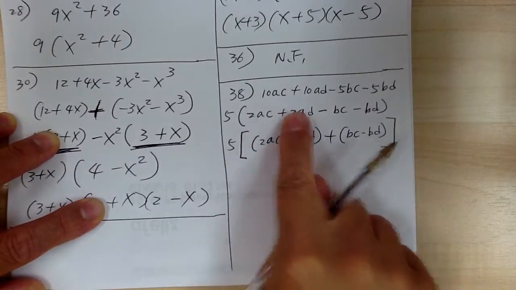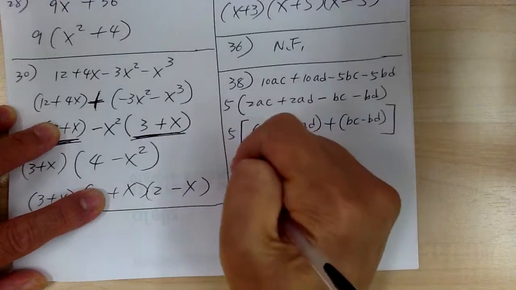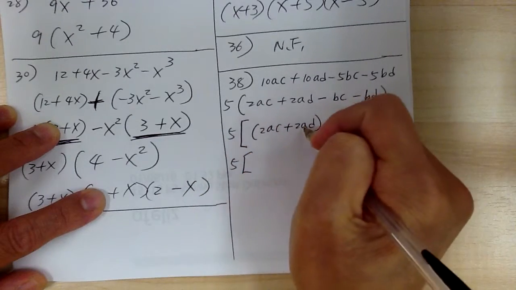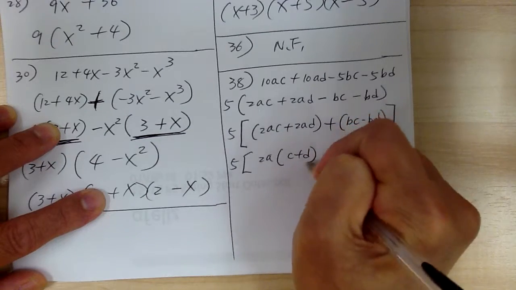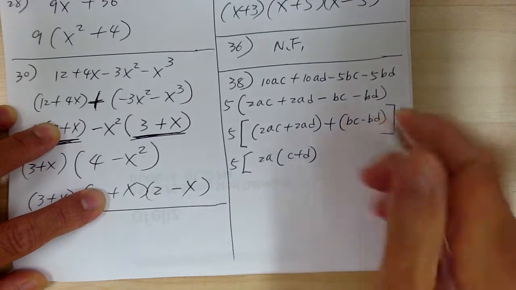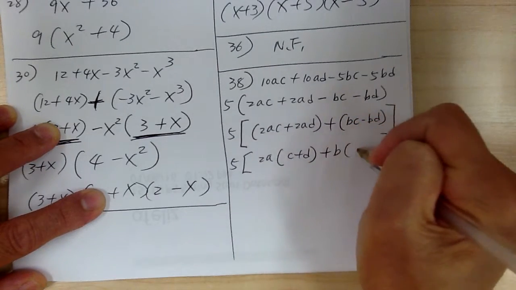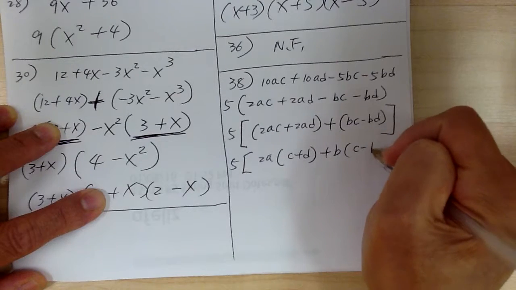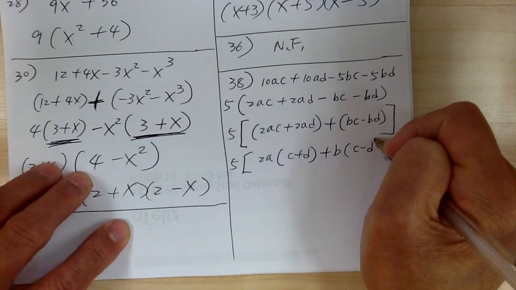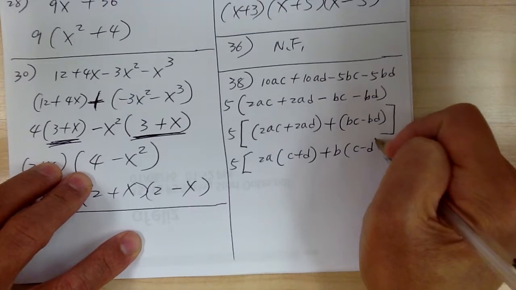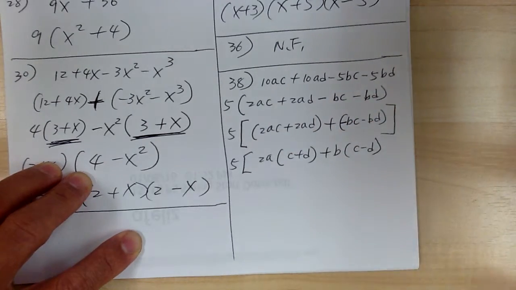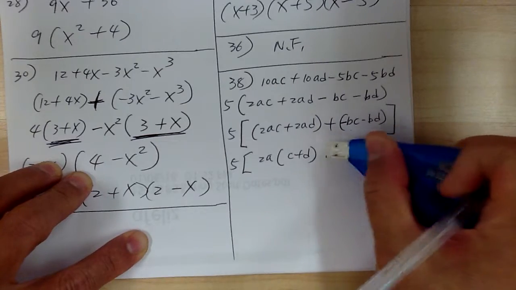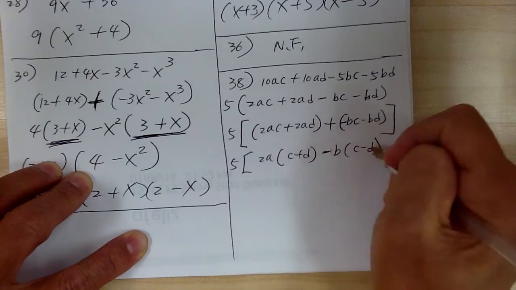Okay, so I group these two, group these two. Now I can factor out the 2A, and over here I can factor out the b. That's a minus over here, so I have to factor out the minus, so this becomes plus.